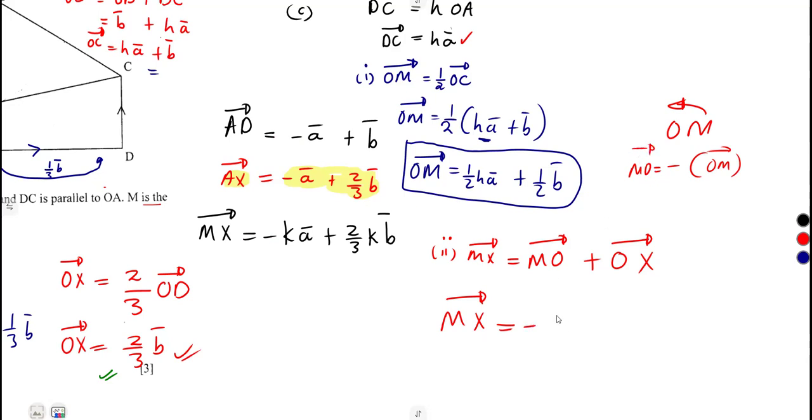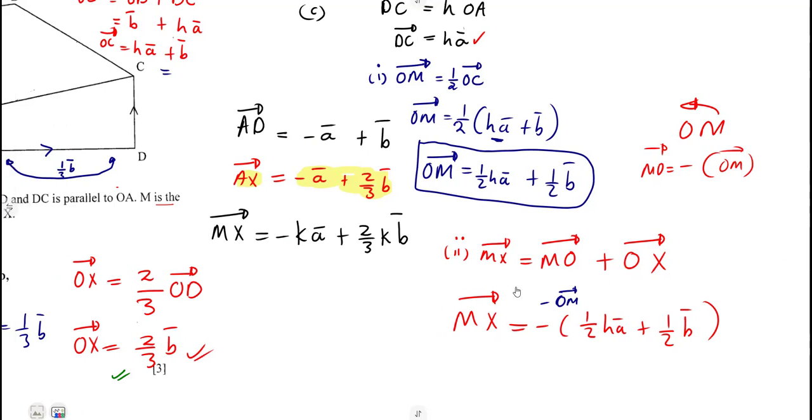So this one is negative of what? Negative of vector OM. So that's negative of this vector OM, 1/2 HA plus 1/2 B. So it is to be multiplied by a negative.